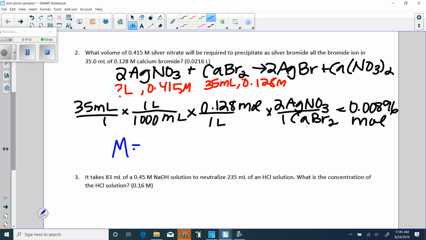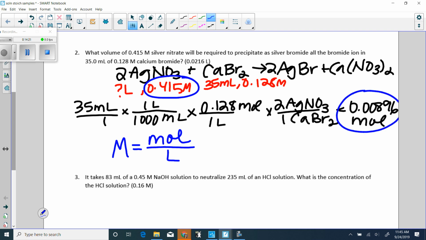Molarity equals moles divided by liters. I know my molarity and I know my moles, so I can solve for liters. Do you see why I didn't go to grams? Because I need my moles and my molarity. So 0.415 equals 0.00896 divided by liters; solve for liters.